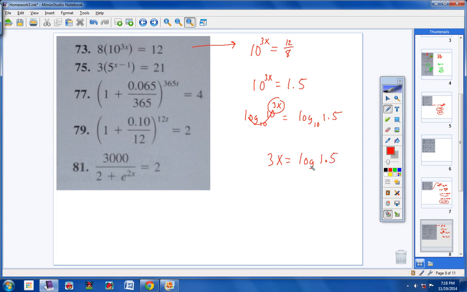Now divide both sides by 3. So x would equal 0.059. And that's number 73.